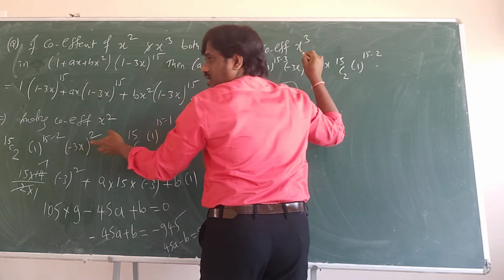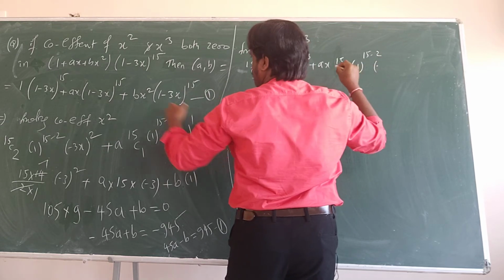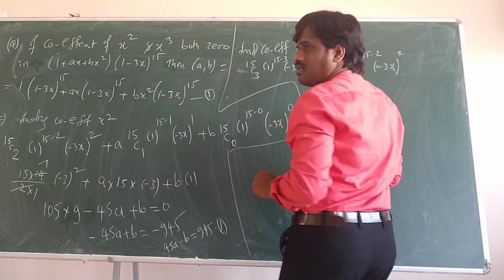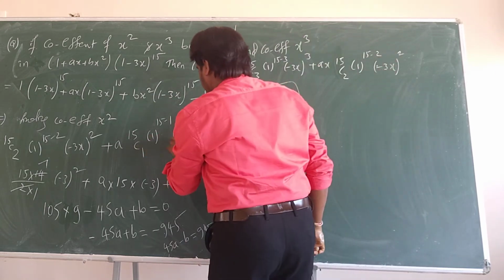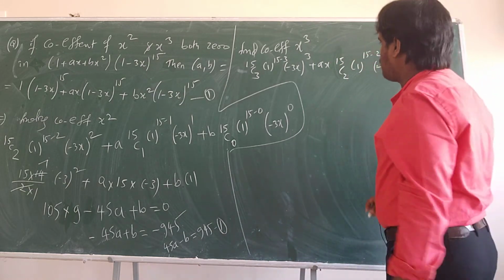the same thing, only I have to write it separately: minus 3x whole square. This one is the same, only the power changes.